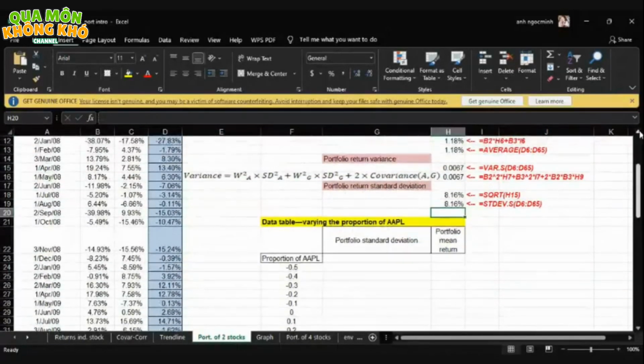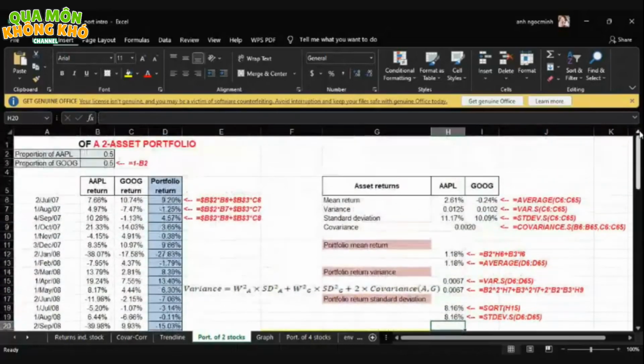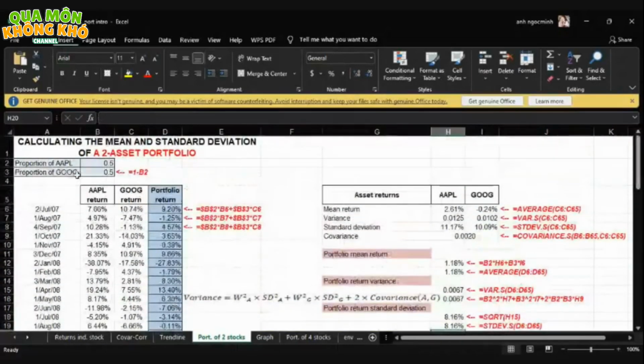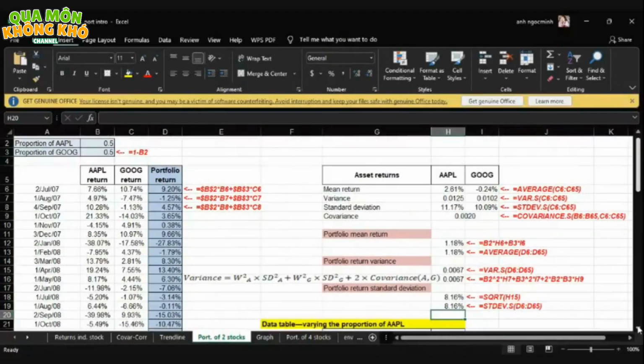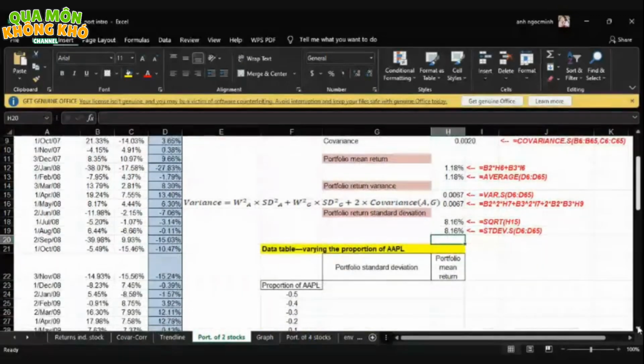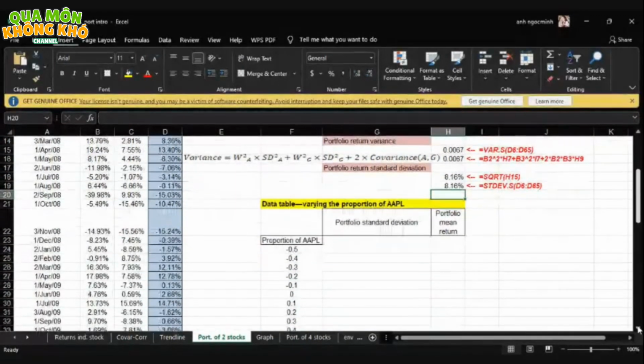And because the proportions of Apple and Google are equal to 0.5 each, which is one case among the many scenarios that we can build, I would like to demonstrate it by a data table for various scenarios.